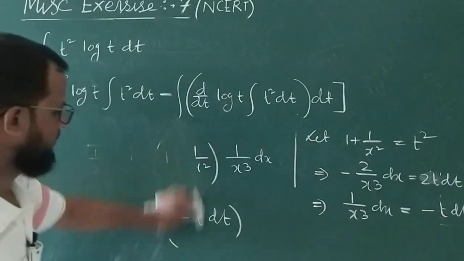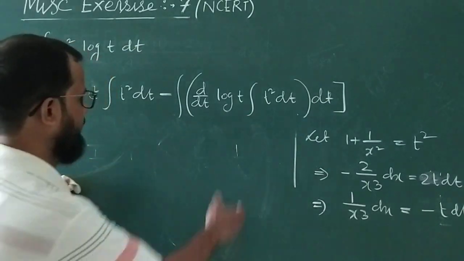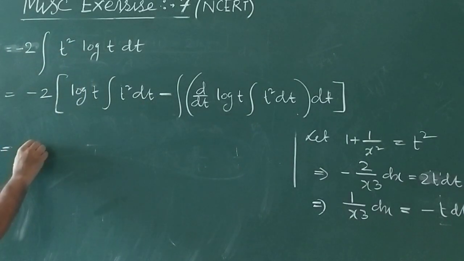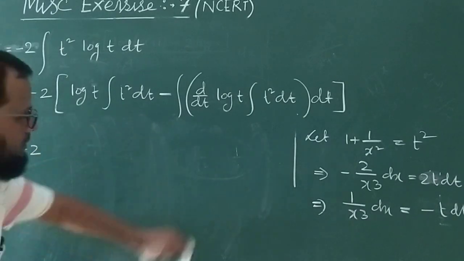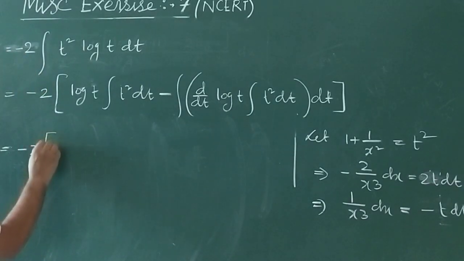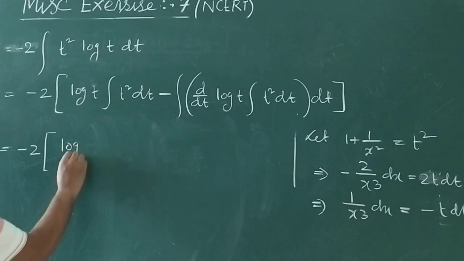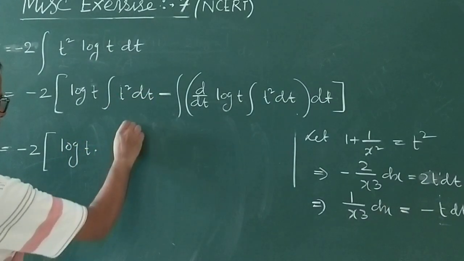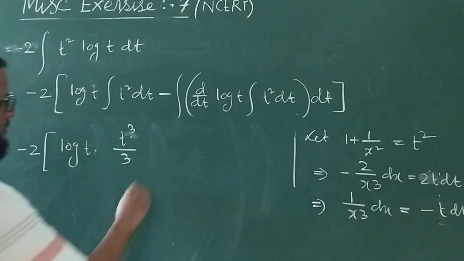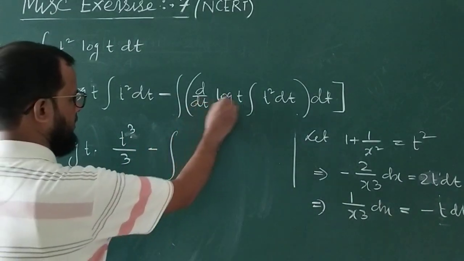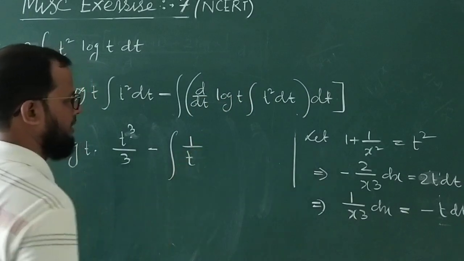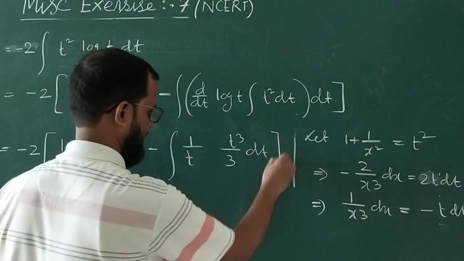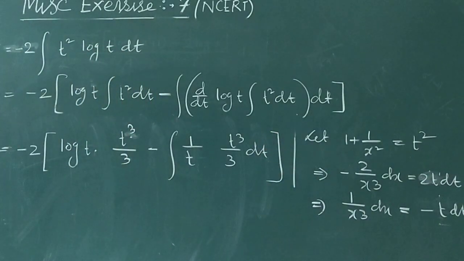Now we just perform this integral first and also this integral. So ultimately your result is minus 2 into log t into t square का इंटीग्रल क्या है? t cube by 3 minus d/dt of log t is 1 by t, and this is t cube by 3 into dt, and give a bracket.